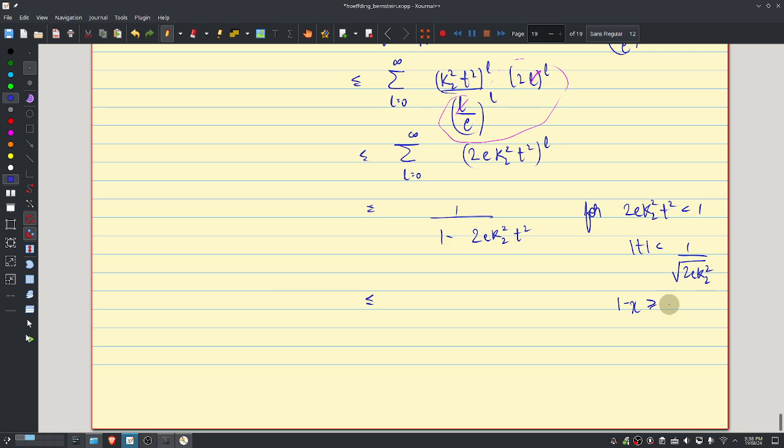This will turn out to be greater than or equal to e to the power minus 2x, but not for all x. This will only hold true for x less than half.